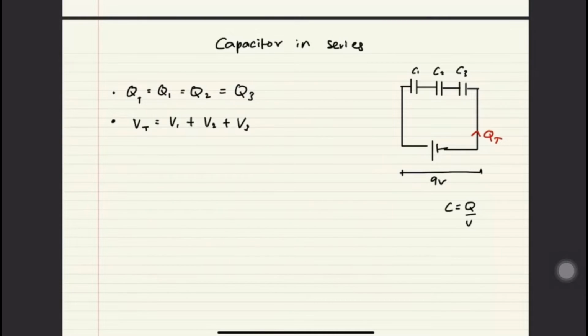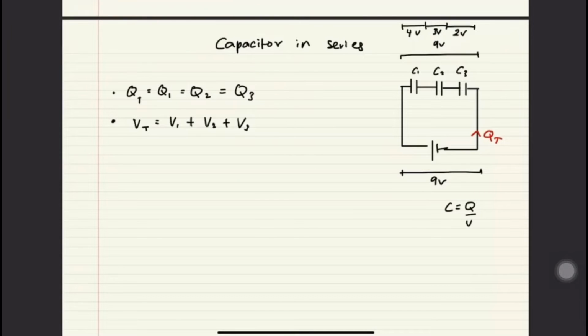So maksudnya power supply daripada bateri tu adalah 9 volt. So across here, total here should be 9 volt as well. Total. Okay. Tapi setiap satu komponen tu dia ada nilai dia sendiri. Maksudnya kalau dekat sini 4, so sini 3 volt, sini mesti 2 volt. Faham? Tapi total dia 9.